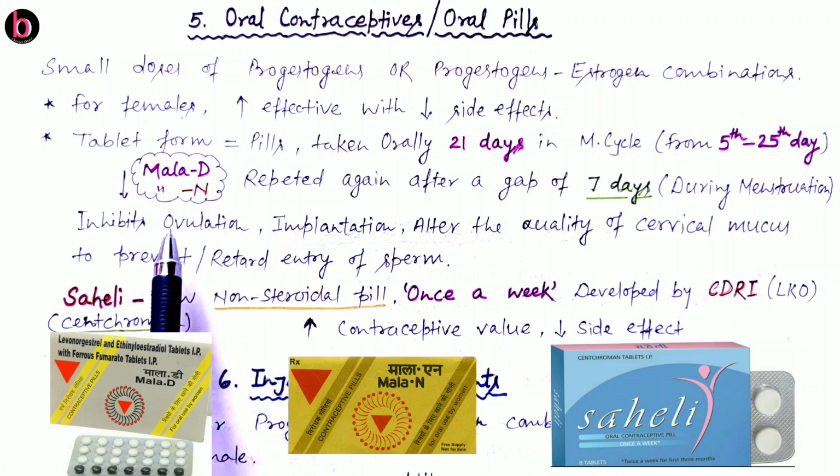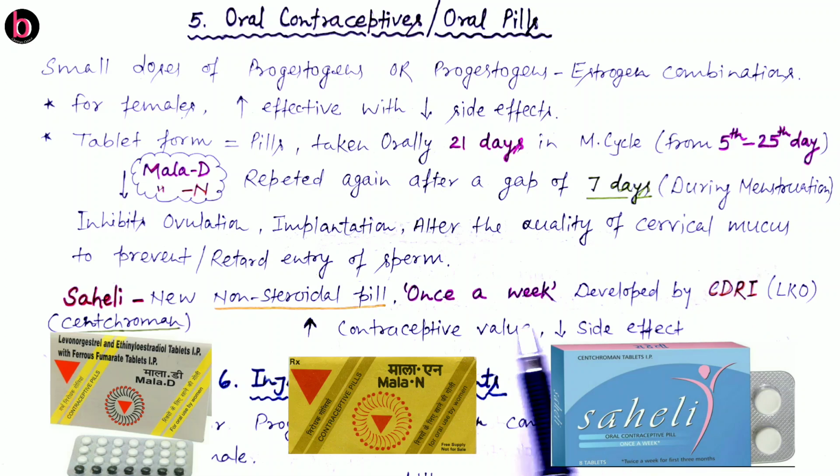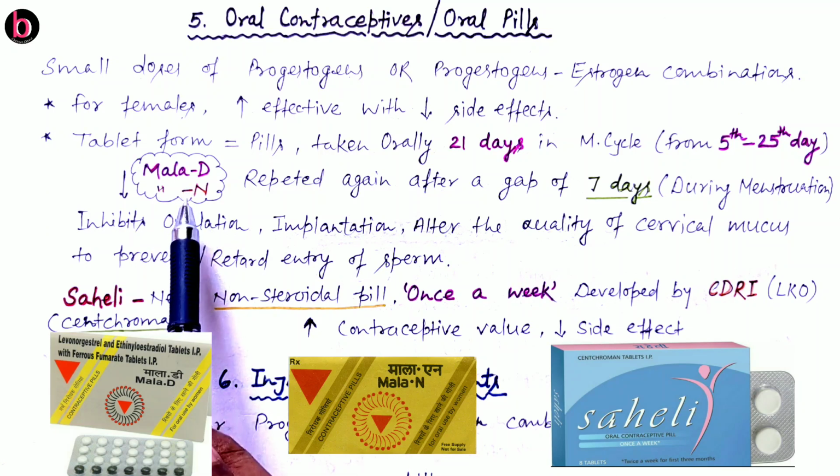These pills cause inhibition of ovulation and implantation, and they also alter the quality of cervical mucus, which prevents or retards entry of sperm into the uterus. Mala D and Mala N are two examples of oral contraceptive pills.